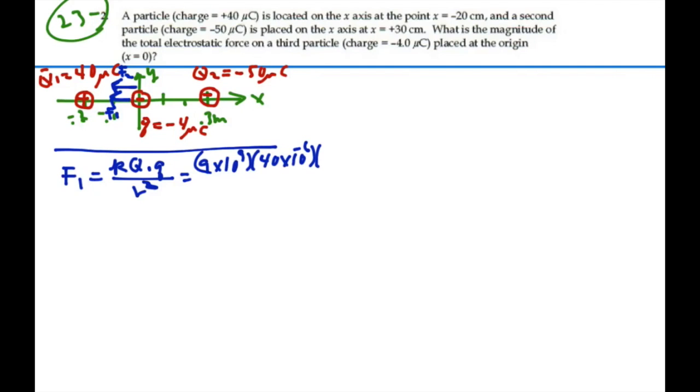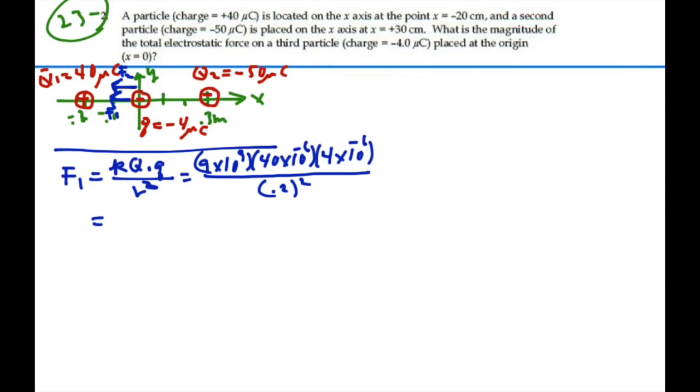Little q is 4 microcoulombs, negative 4, but we've already accounted for the negative by figuring out what direction the force should be. So we don't have to worry about keeping the minus sign in this formula at this point. And we are 0.2 meters away, so we have 0.2 meters squared.